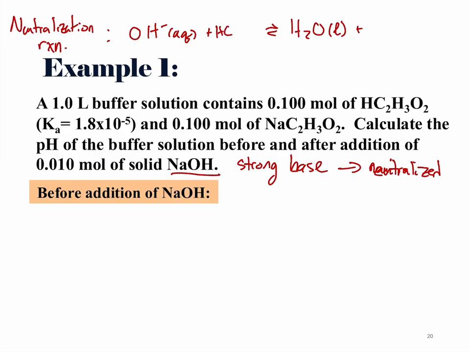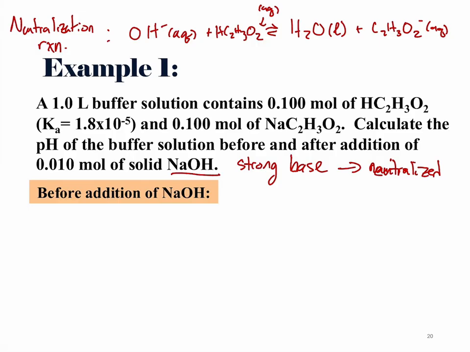So we get HC2H3O2, and then here we have the conjugate base, C2H3O2 minus. Both of those are aqueous. Once we have our neutralization reaction, we can see how all of the moles are shifted as soon as we add the strong base to this solution.